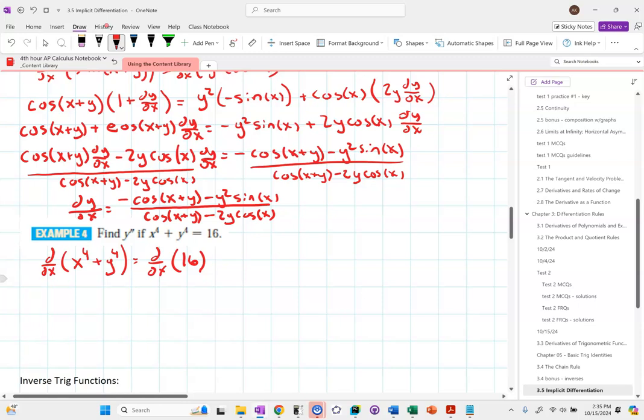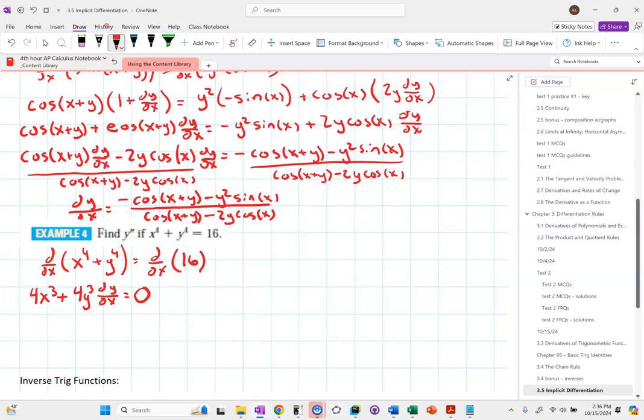The derivative of x to the fourth is 4x cubed. The derivative of y to the fourth, 4y cubed dy dx. And the derivative of 16 is 0. Everybody's okay?